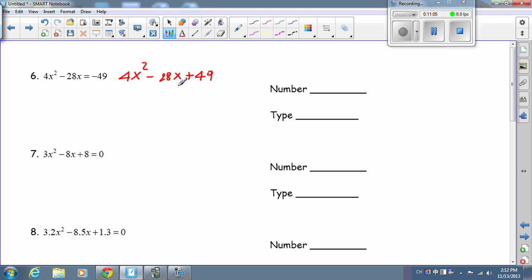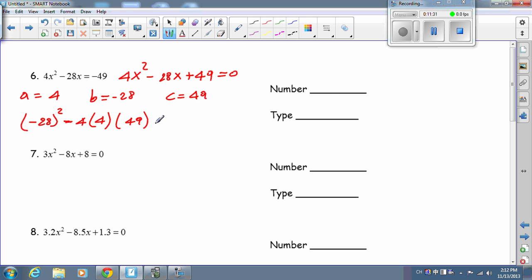If you arrange it properly, knowing that a is equal to 4, b is equal to negative 28, and c is equal to 49, you will get b squared minus 4ac is negative 28 squared minus 4 times a here is 4, and c here is 49. Calculate it properly, you should get again 0. So we have 1 real.